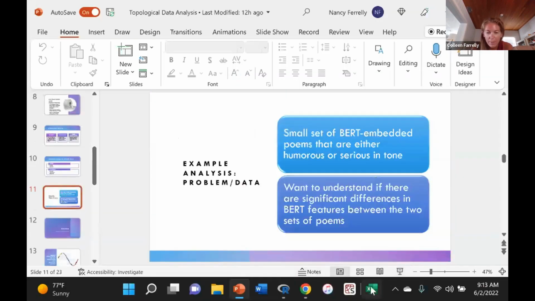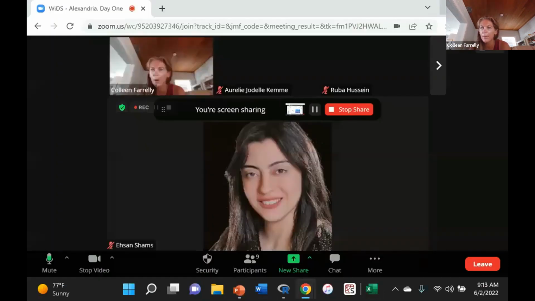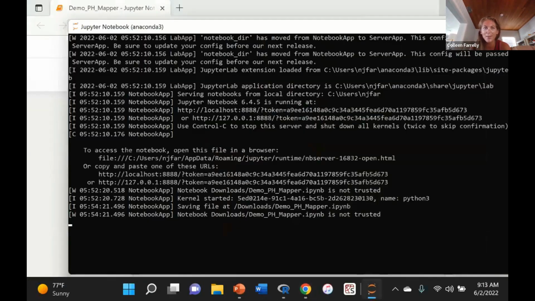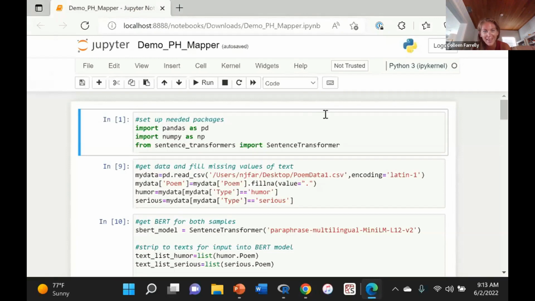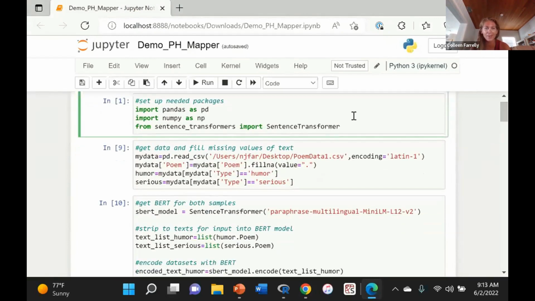So we'll hopefully be able to get to this. Here we go. So first, we're going to import what we need. Our BERT embeddings are done with this sentence transformer package. So we'll run that. And then we need to get our data, which currently lives on my computer.